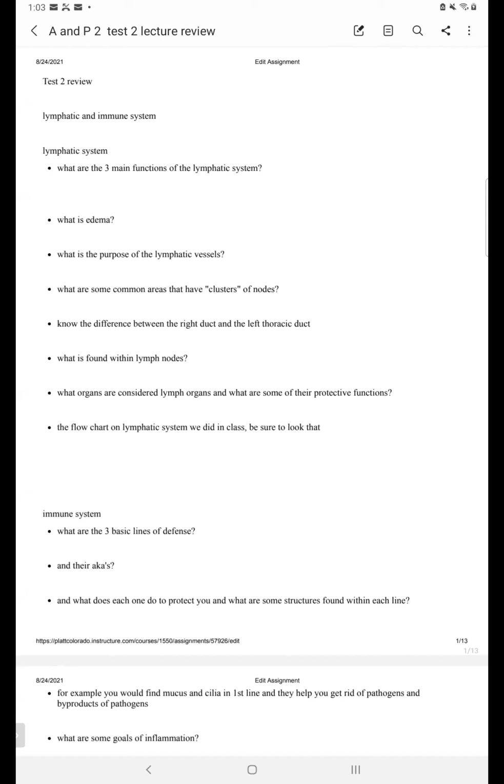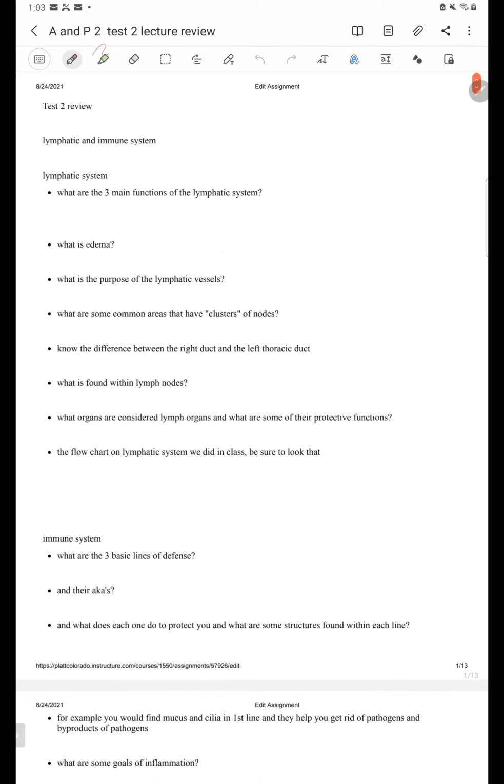Okay, what are the three main functions of the lymphatic system? First of all, anytime you see a function in the notes, that is a test question. So what are the three main functions of the lymphatic system?